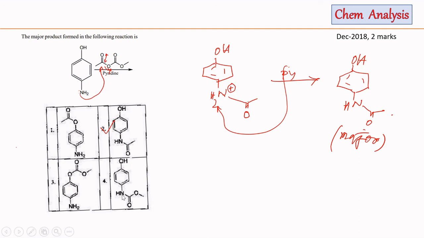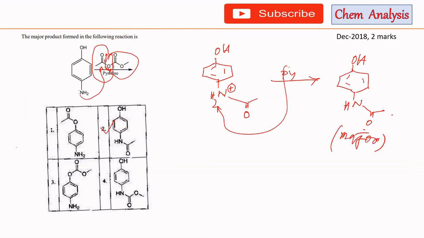Here is another possibility that NH2 will attack at this carbonyl group, and this group will be eliminated, but the leaving nature of this group is higher than that of this part. Okay, so the amine will attack at this carbonyl group, and on the other way, the reactivity of this carbonyl group is higher than that of this carbonyl group.